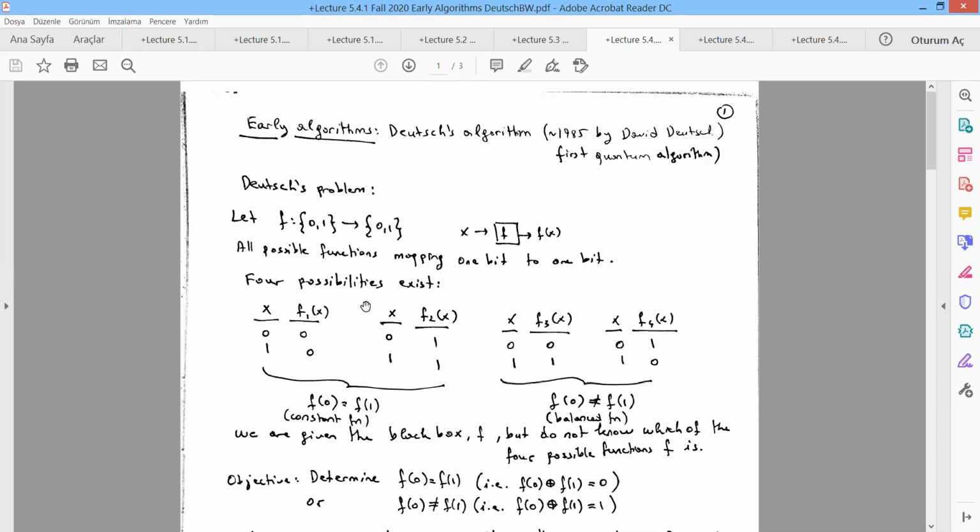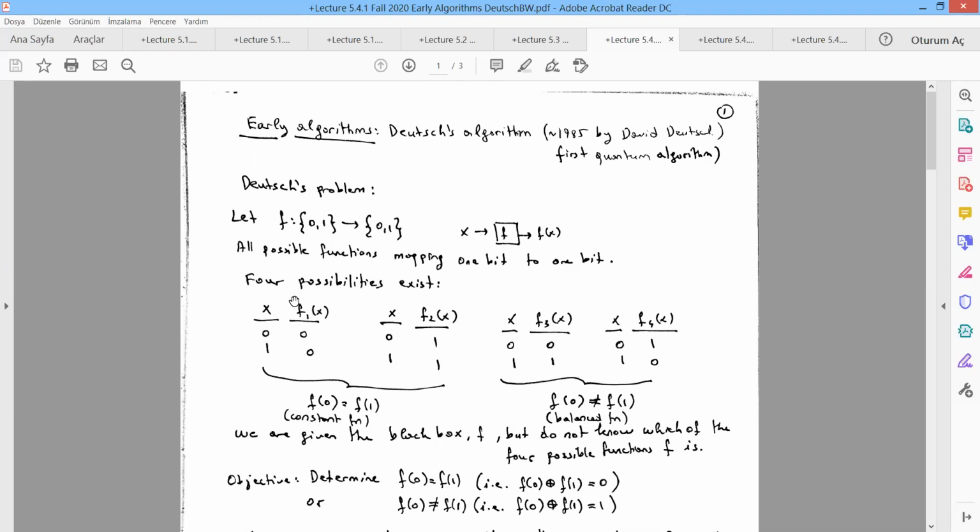So here are all 4 possibilities of this kind of mapping. There are only 4 possibilities. The input always has 2 possibilities, a 0 or a 1, and the output also could be a 0 or a 1. But the first 2 possibilities, we call a constant function. In other words, the input bits 0 and 1 are mapped to a constant value, either a 0 or a 1.